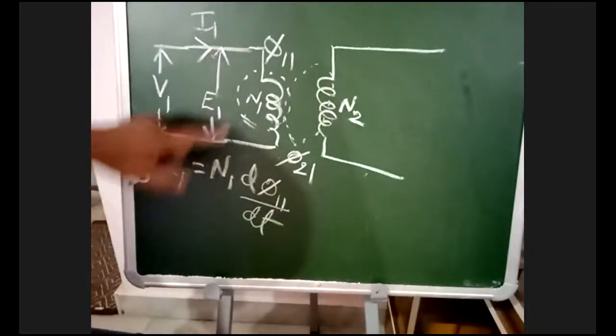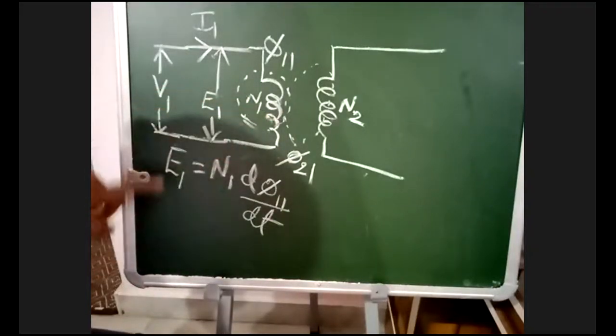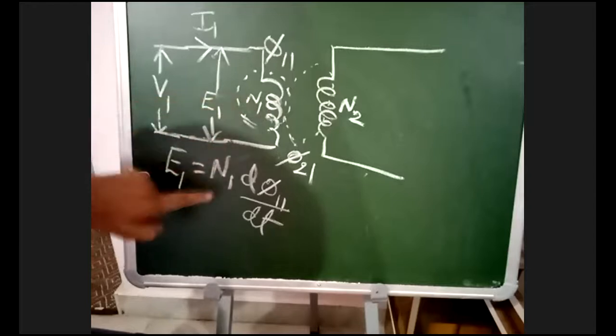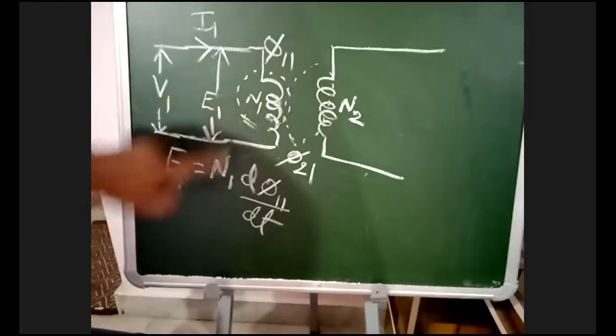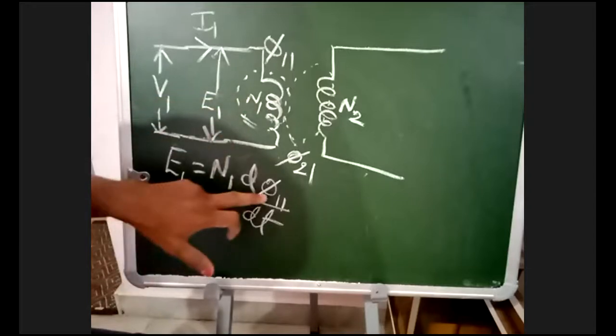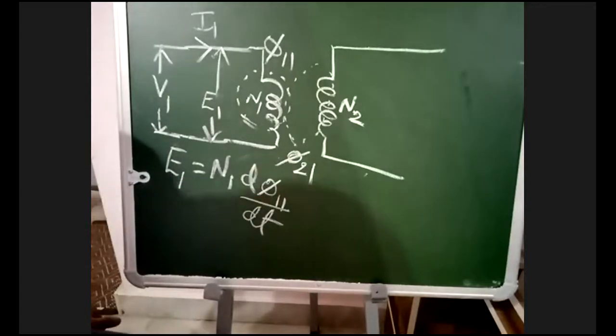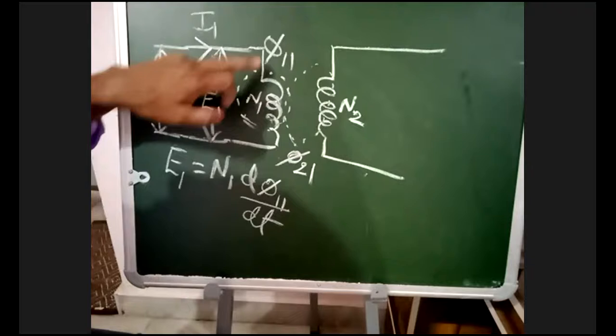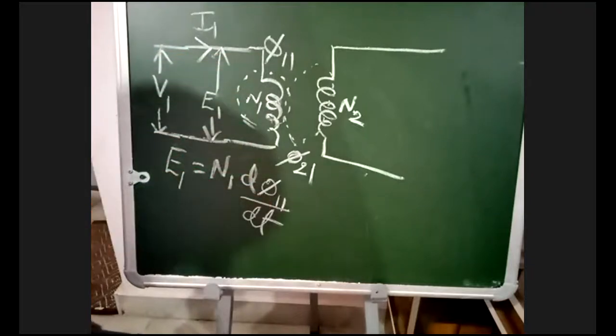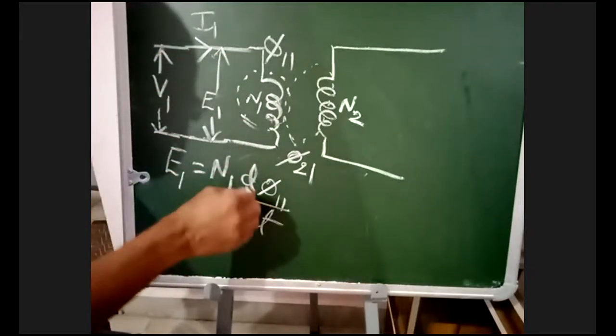This is the EMF induced in the first coil. N1 is the number of turns in the first coil. What is the flux in the first coil? Self flux, Phi11.